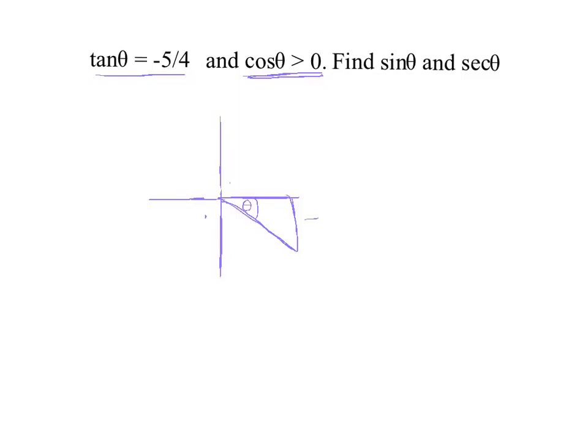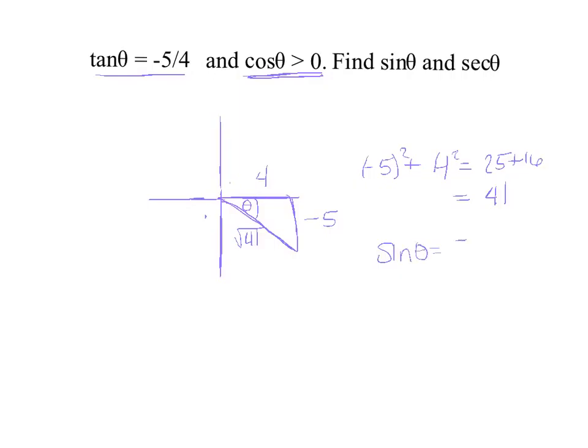So tangent is opposite over adjacent, and then we have to figure out our hypotenuse using the Pythagorean theorem. We get 25 plus 16, which gives us 41. So the hypotenuse is going to be the square root of 41. And now we can find sine.